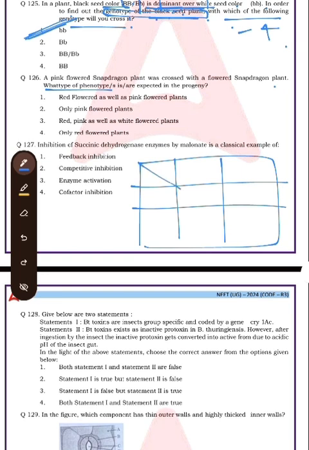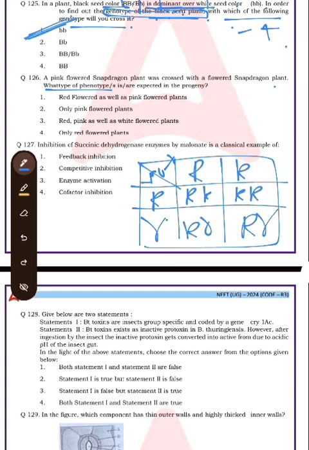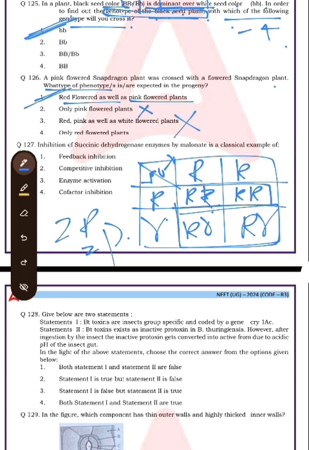Here dominant, here pink, here red. If you cross, 2 are red, 2 are pink. Only pink and red flowers are there. Only pink wrong. Red, pink, white wrong. Only red wrong. Both red and pink are there.